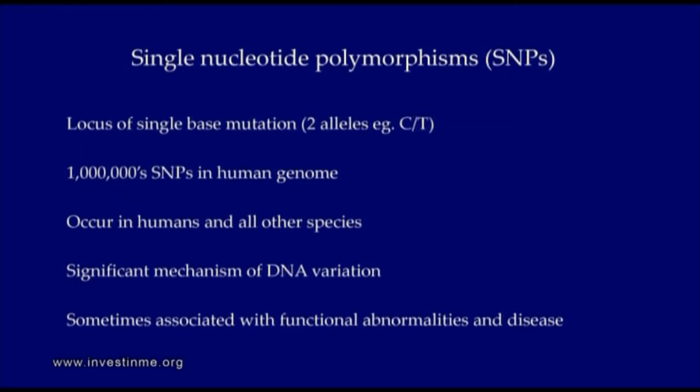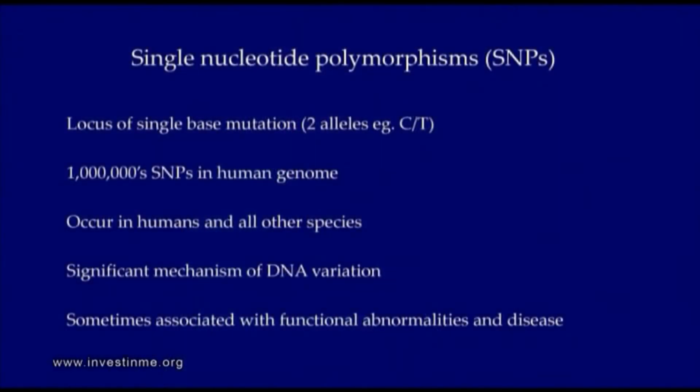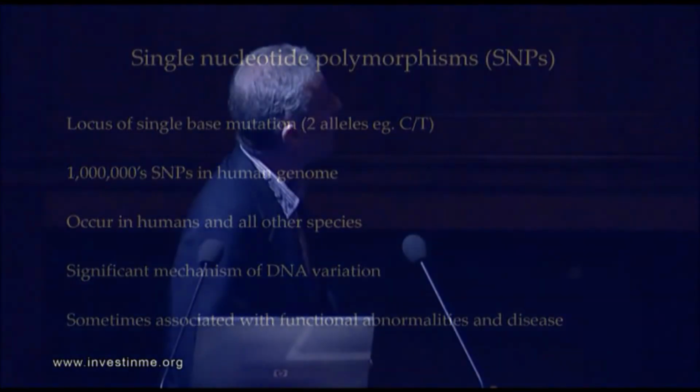So SNPs then. A SNP locus is a position in the DNA genome where we know a single base mutation occurs, and where at one position or one locus there are 2 possible so-called alleles. So in one DNA strand it might wobble from a cytidine to a thymidine. And within the human genome there are millions of SNPs.